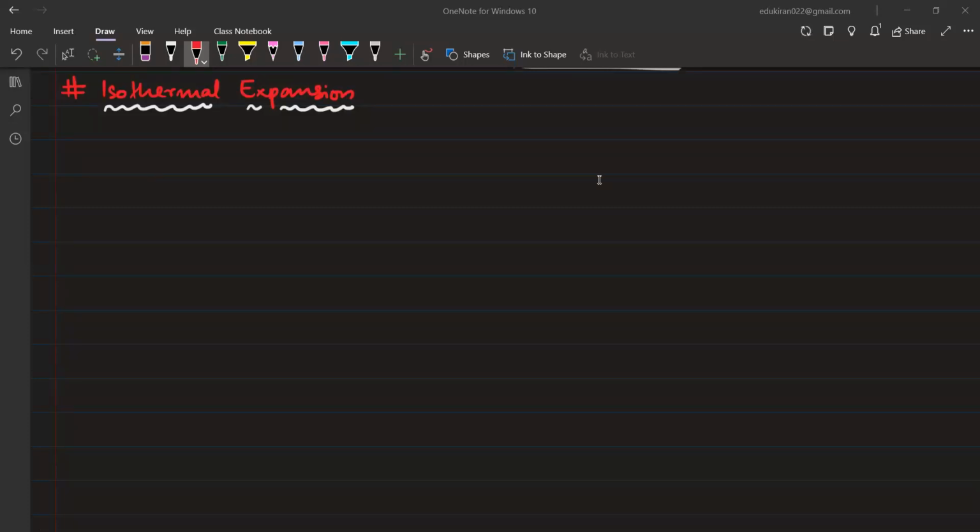Abdullah, isothermal means temperature will be constant or changing? Constant. Very good. Isothermal means constant.